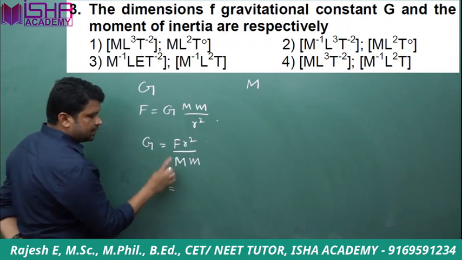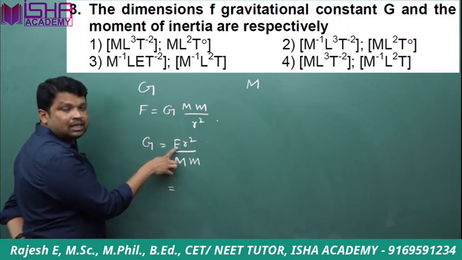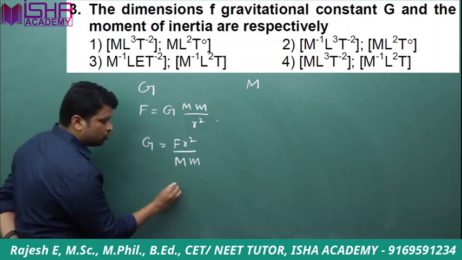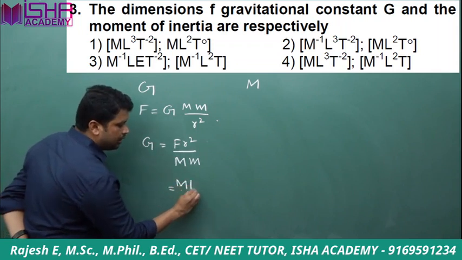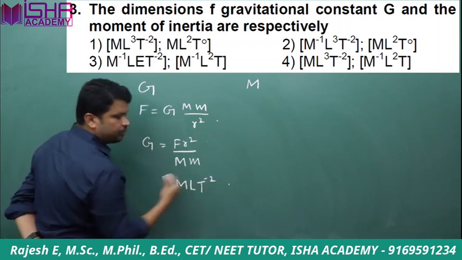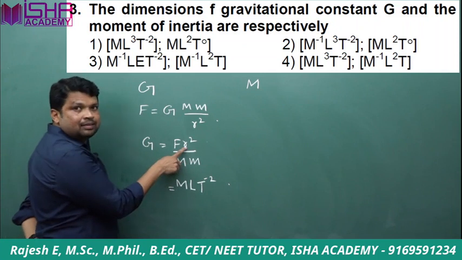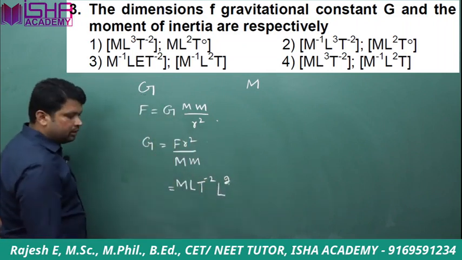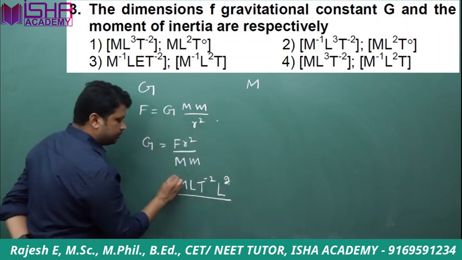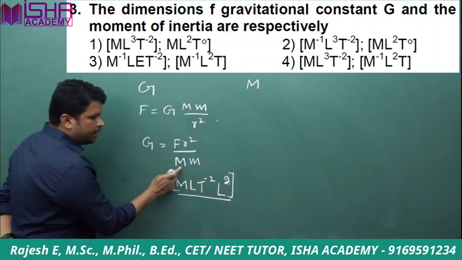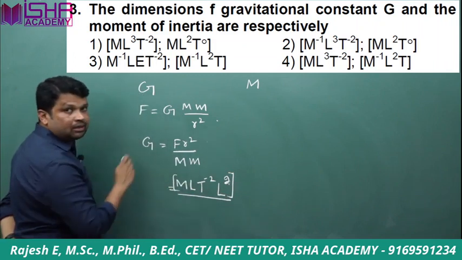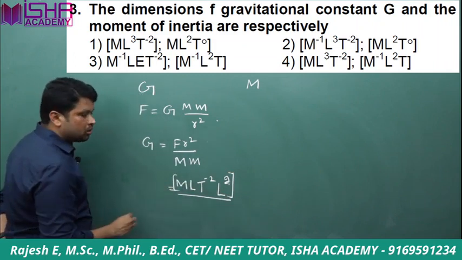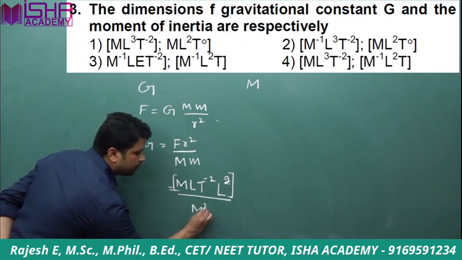Right? So force is M L T minus 2, and R is distance. Distance is measured in meters, so this is L square. See, whole divided by m, which is mass, and the small m is also mass. So this is M square.